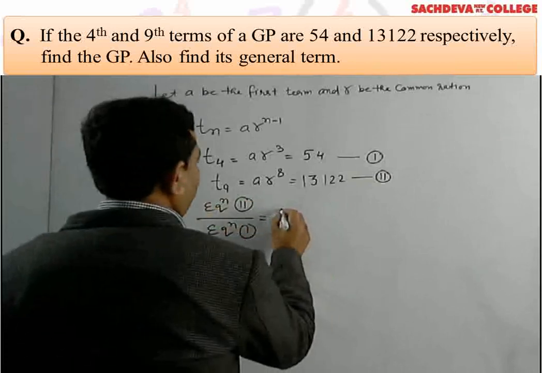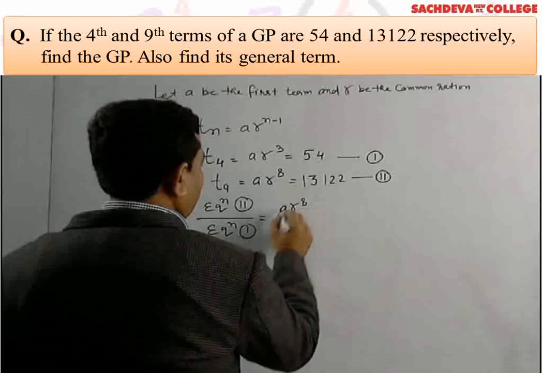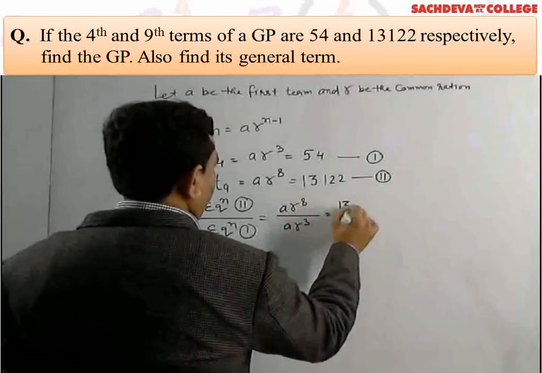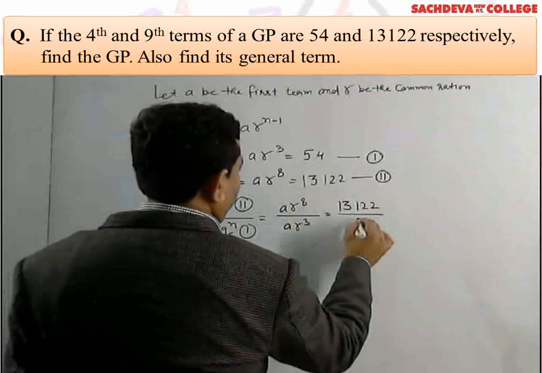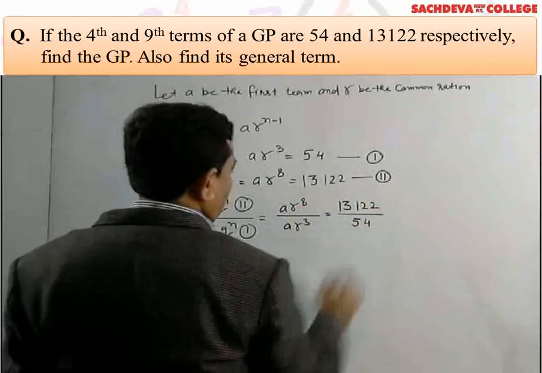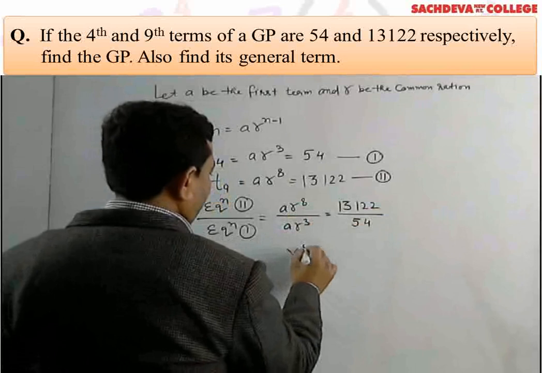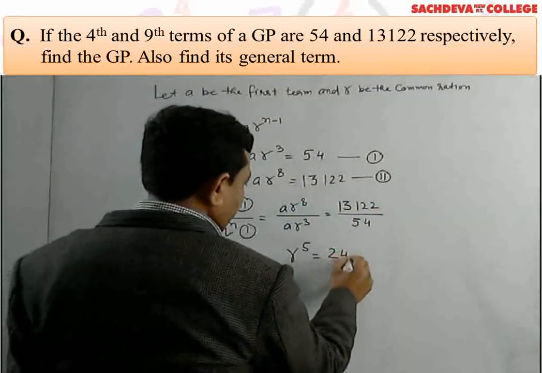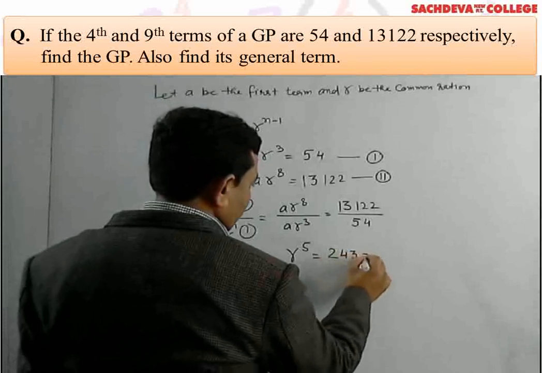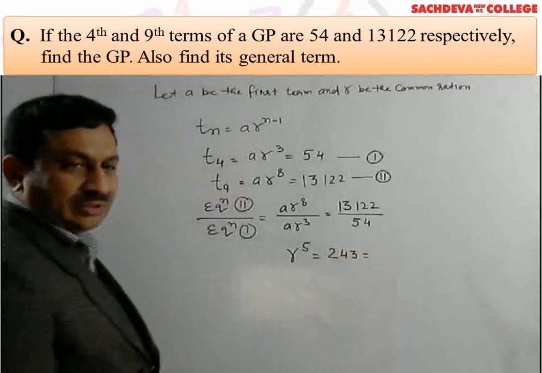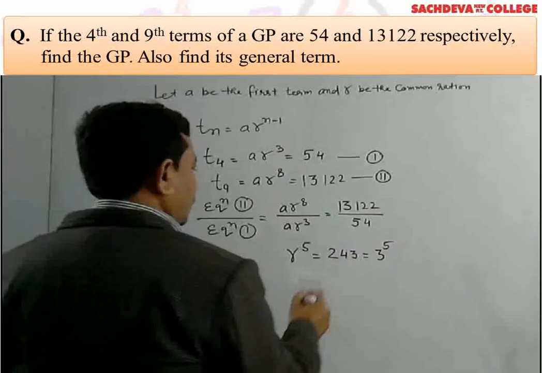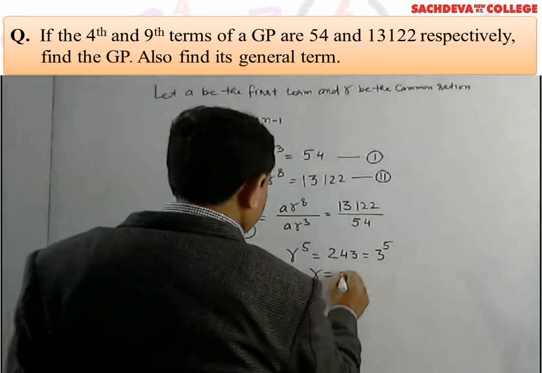Then you find AR to the power 8 upon AR cube is equal to 13122 divided by 54, or R to the power 5 will be equal to 243, or will be equal to 3 to the power 5. So R is equal to 3.